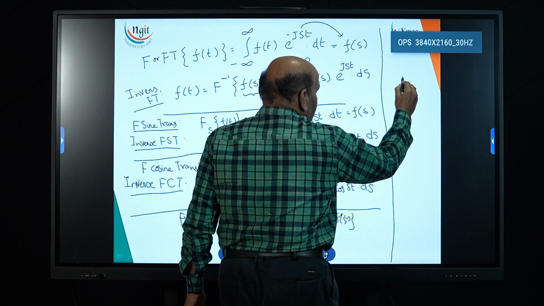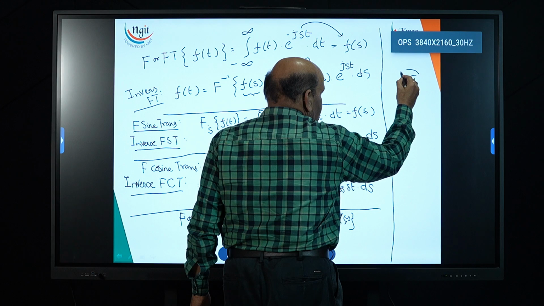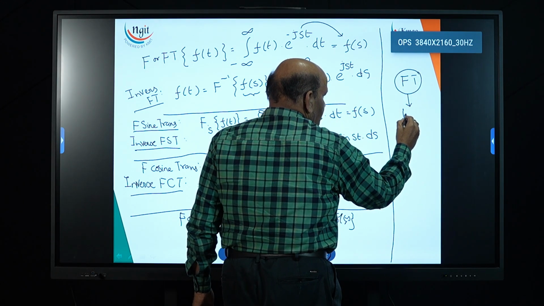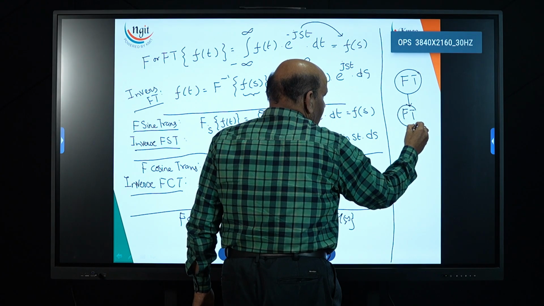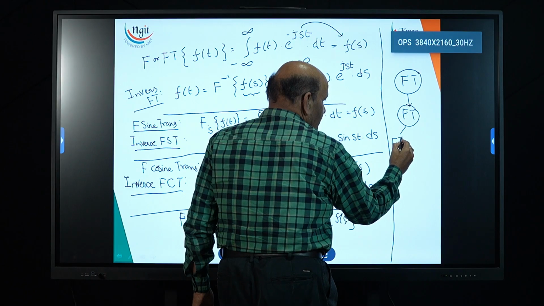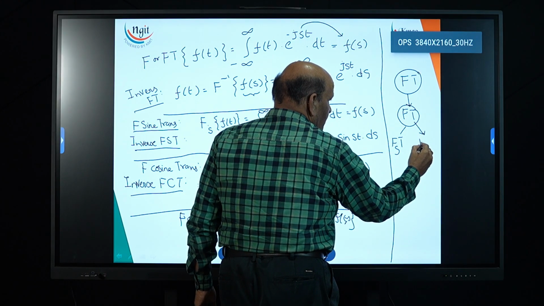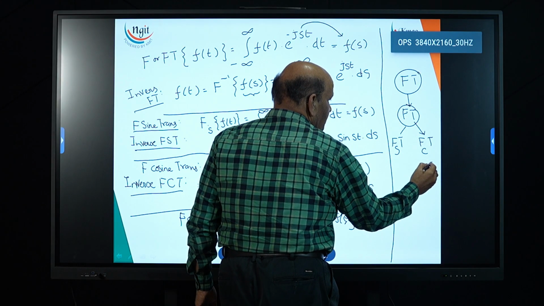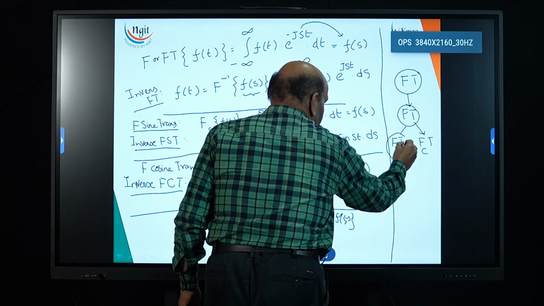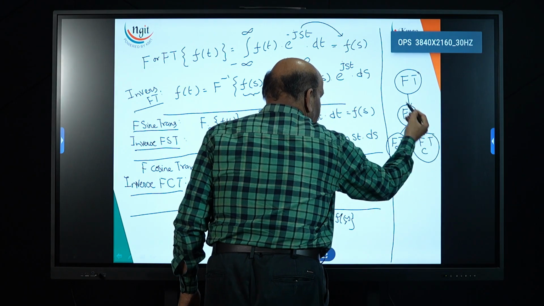The second part is Fourier transformations: general Fourier transformations, Fourier sine transformation, and Fourier cosine transformation.